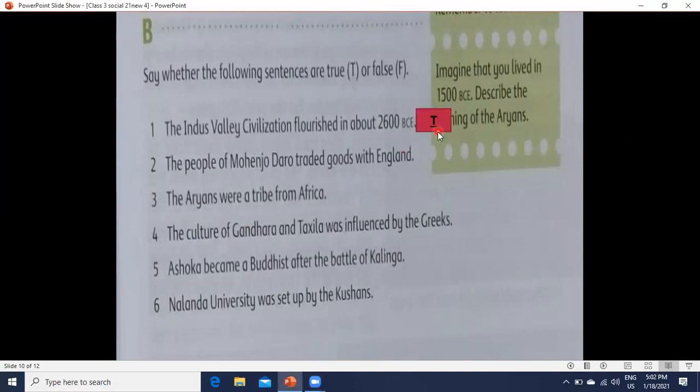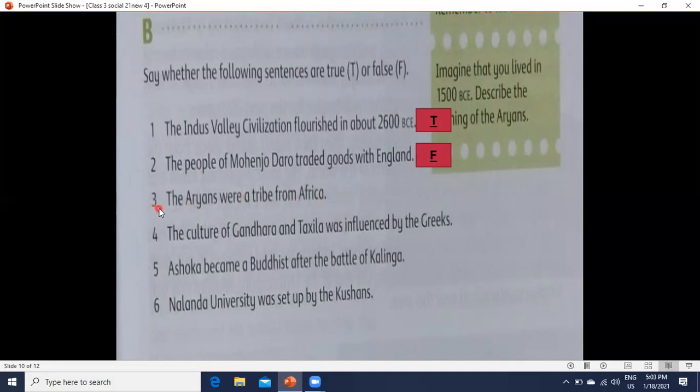So you have to write T in front of number one here in the book. Number two is the people of Mohenjo-daro traded goods with England. So this is true or false? This is false.